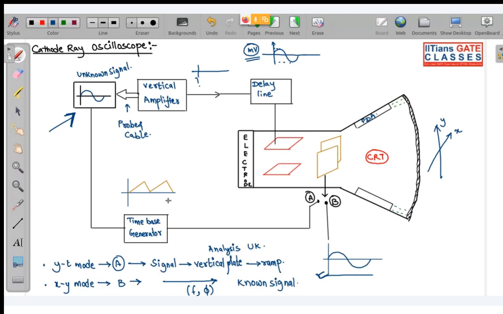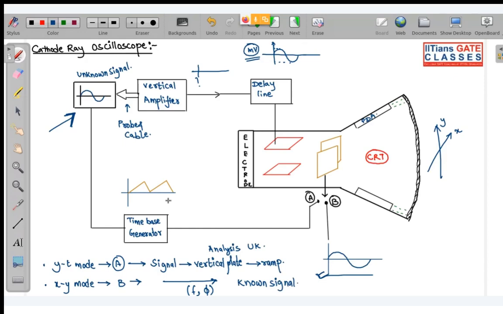Next point, vertical amplifier is a multi-stage MOSFET amplifier which provides high input impedance. Why high input impedance? First note down, then let me know.